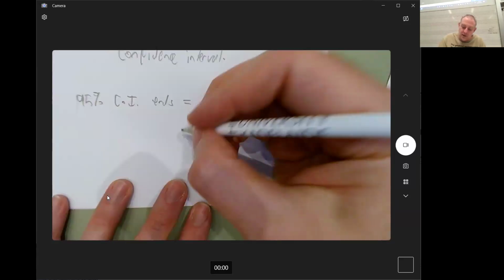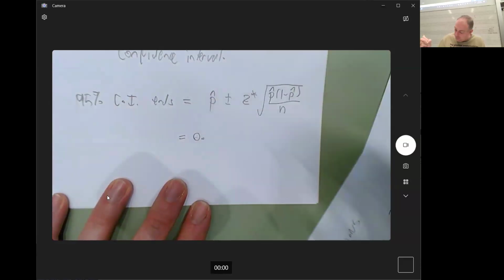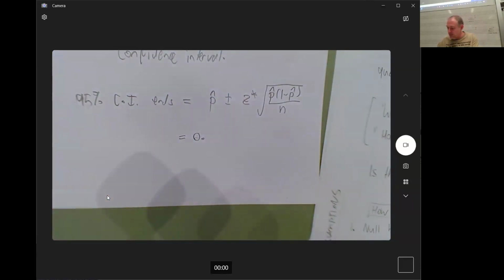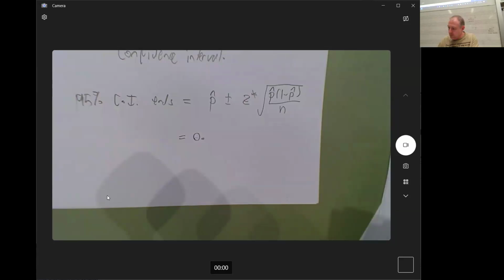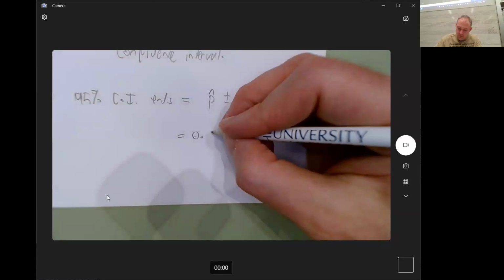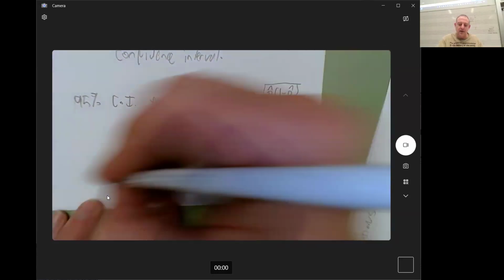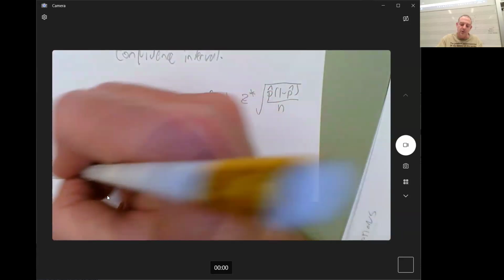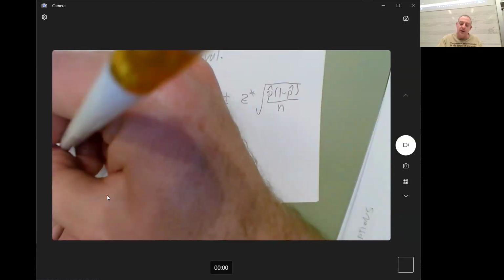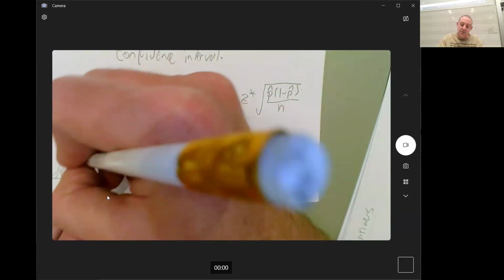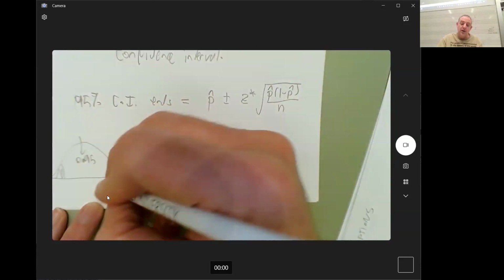And so in this case, it would be 0. What was it? 0.4362 plus or minus the z star. You'd have to go look up your normal distribution to get exactly 95% in the middle. But I know what that number is.